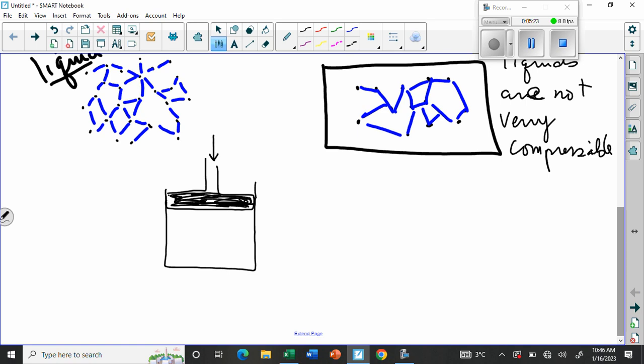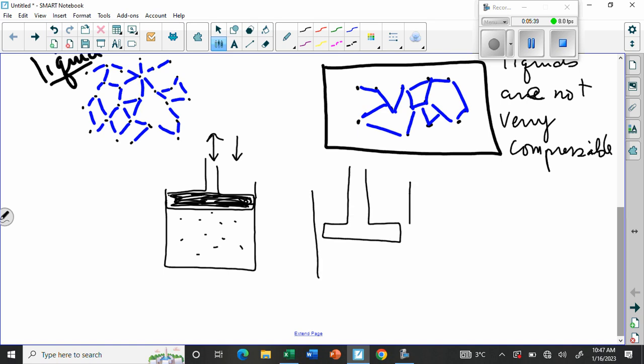You can push it up and down, but it doesn't let any of the gas or the liquid escape. So if you have a gas in here, and you try to push down on it, well, the piston will actually be able to move a fair amount. Let's seal it off. There we go. So there's my piston. What will happen is the gas molecules will just compress and get closer together.